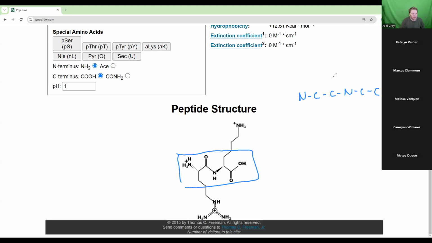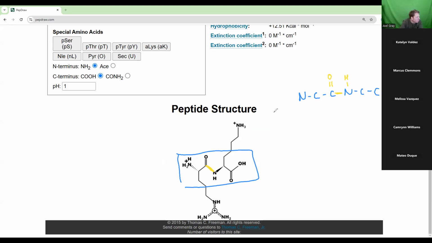But before I do that, I'm going to take my written out NCC, NCC, and remember, this is an important thing to remember, that in my peptide bond, I've got a carbonyl carbon and then a nitrogen with NH. Carbonyl carbon and NH, and this is that bond. So I'm going to color code both of them as my peptide bond.